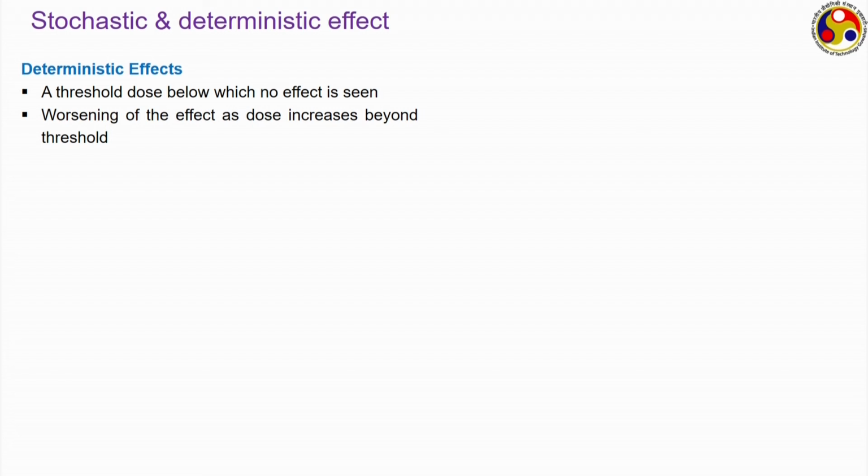That is, if the radiation exposure is less than the threshold, then you will not find any effect, and only when the threshold is reached the effect becomes prominent. But once you have reached the threshold, increasing the dose beyond that keeps on worsening the effect.